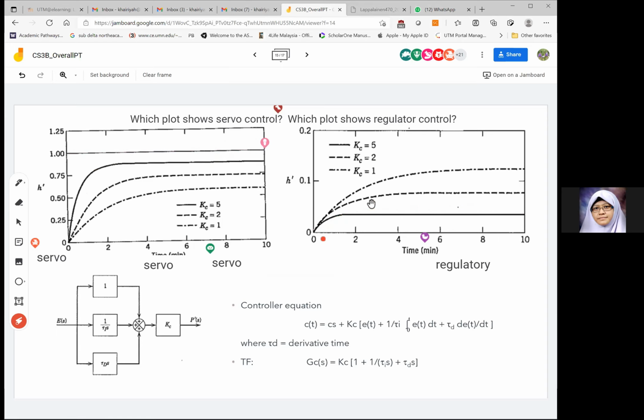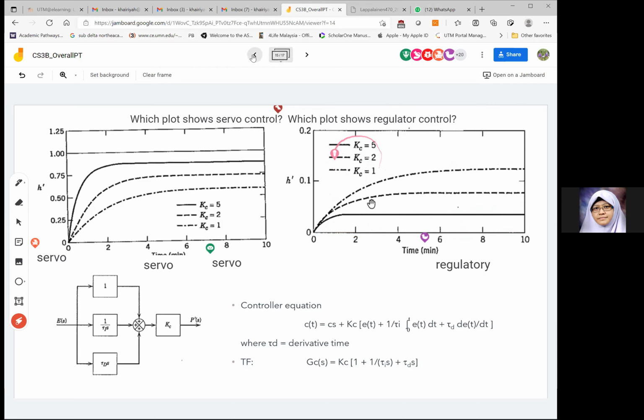So even though there's a controller, when the disturbance enters, it will still move away from the original set point. The set point is not changed, but the controlled variable has moved away from the set point, because with only P control, you will get offsets.